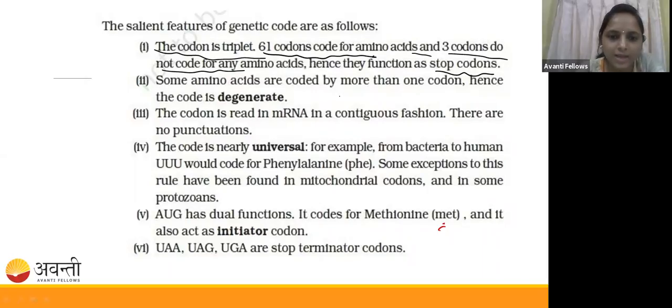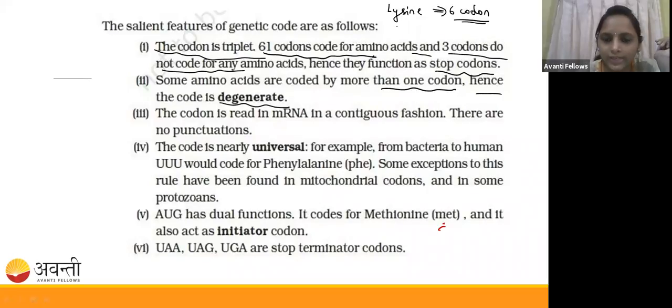Okay, so some amino acids are coded by more than 1 codon. They are called degenerate. Why is the code called degenerate? It means for a particular amino acid, there may be more than 1 codon. For example, you can take leucine. We have 6 codons for leucine. 6 codons code for that amino acid alone.